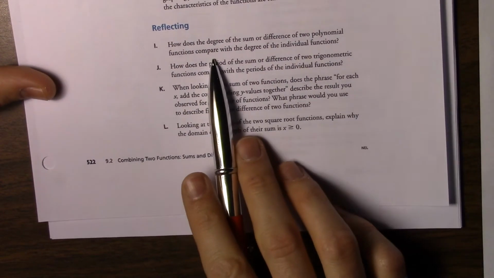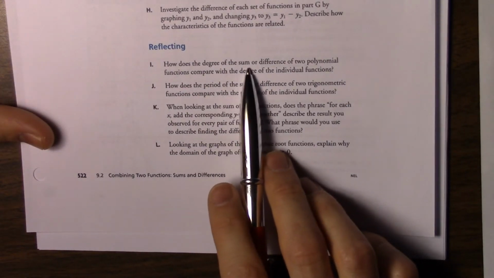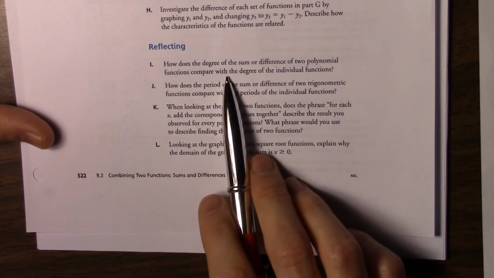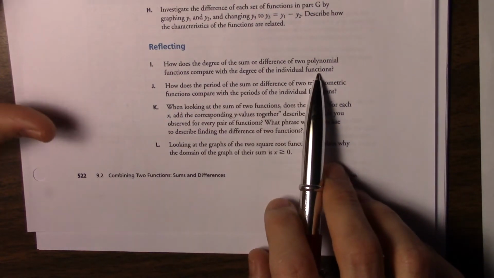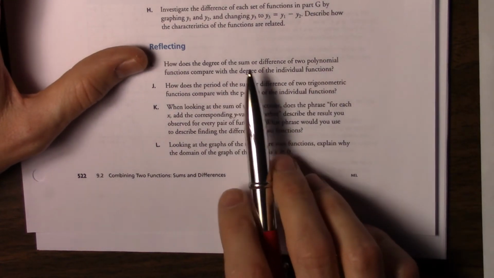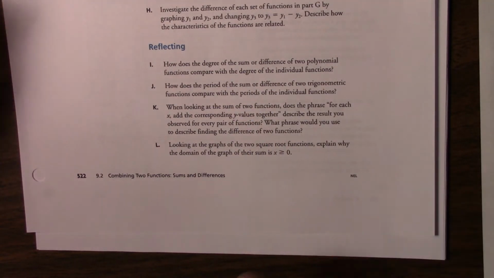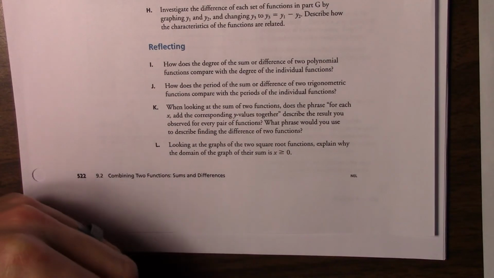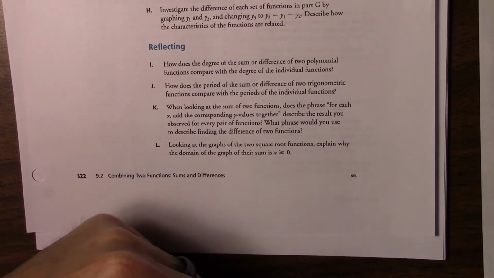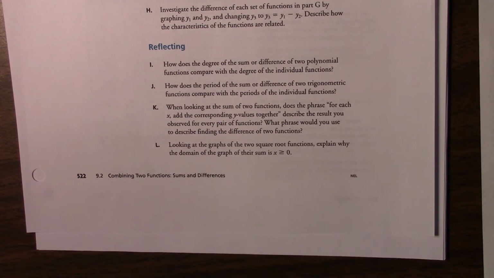Let's see. How does the degree of the sum or difference of two polynomial functions compare with the degree of the individual functions? So, remember, what is the degree, first and foremost? Anybody? The degree of a function, guys? Is it the exponent of the coefficient?